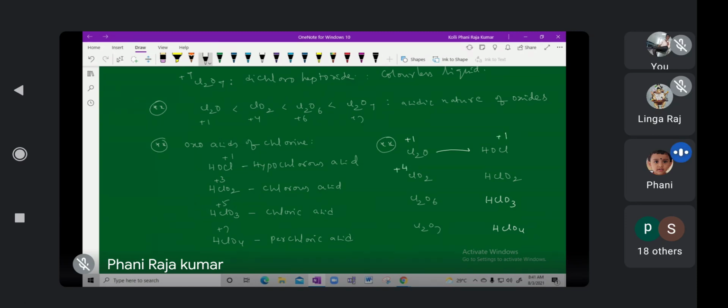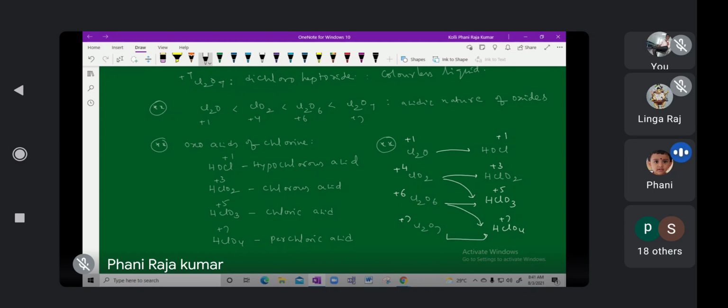But here we have the plus 4 oxidation state. That's why with water it gives two acids, of intermediate oxidation states, plus 3 and plus 5. So plus 4 means both come out. Here plus 6 oxidation state gives HClO3 and HClO4, whereas Cl2O7 gives HClO4. That's why Cl2O and Cl2O7 are called simple anhydrides, whereas ClO2 and Cl2O6 are considered mixed anhydrides. The two acids come out, no?